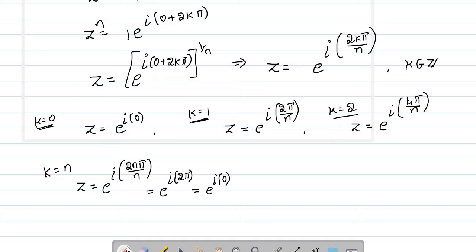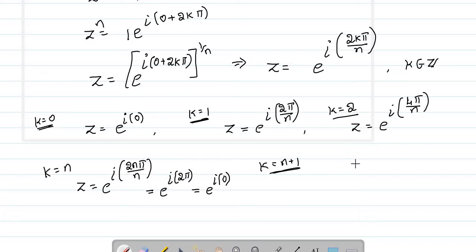Because e power 0 plus 2k pi is the same as e power i0, isn't it? Now these two expressions will give you the value 1 only, so these two are equal. Therefore, from n equal to 1, you'll get the first quantity here. When you take k equal to n plus 1, you'll get the same thing, that is when k equal to 1.